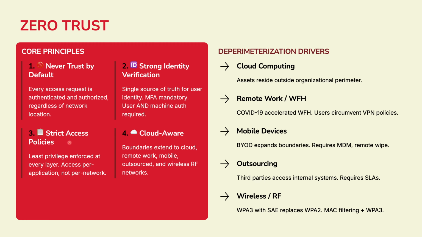Third, strict access policies, least privilege enforced per application rather than per network. And fourth, cloud awareness, security boundaries must be extended to cloud, remote work, mobile, outsourced, and wireless environments.